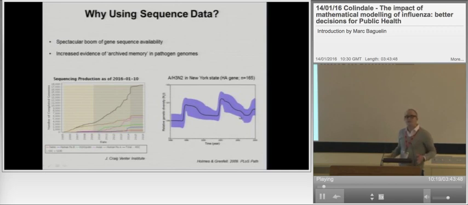So this is just one example out of many. But just to show that there is an archived memory in these sequences that we can exploit and that can help us maybe devising better public health messages or interventions.